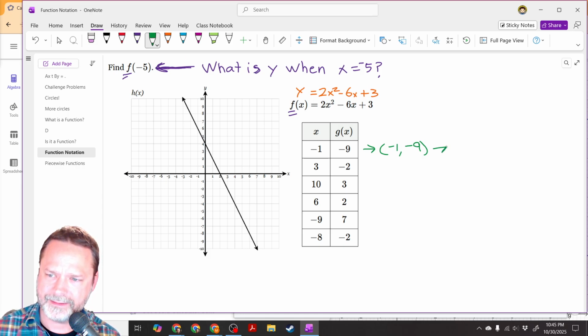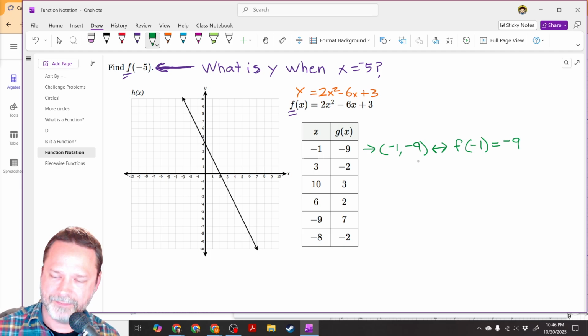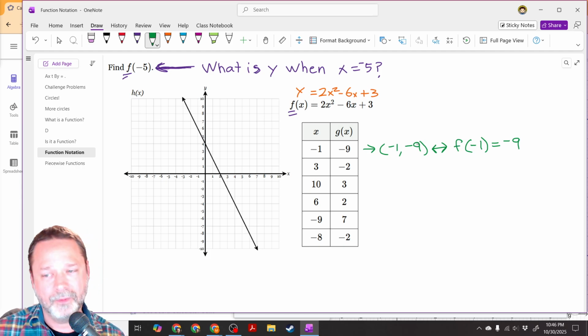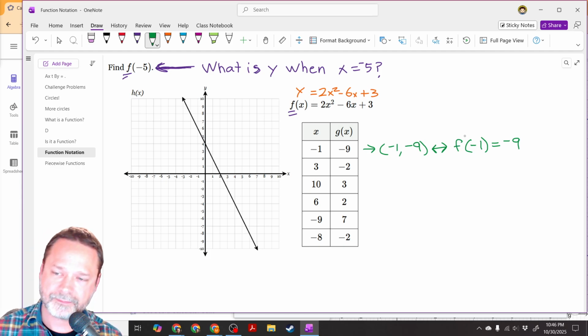All that means is another way to write this is the same as f of negative 1 equals negative 9. So here we'll do a double-sided arrow. These are the same thing. f of negative 1 equals negative 9 is the same as saying when x is negative 1, y is negative 9. That's all it means.